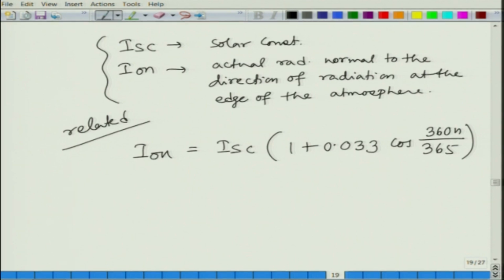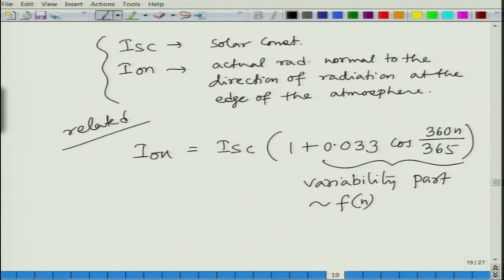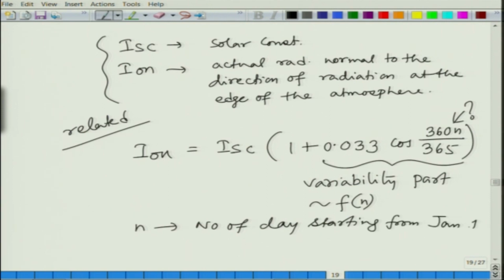So, you can see that this particular part is the variability part, right, and it is a function of n, right. So, what is this n? N is the number of day starting from January 1.